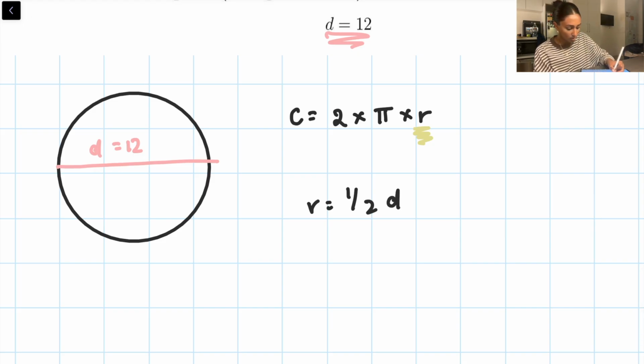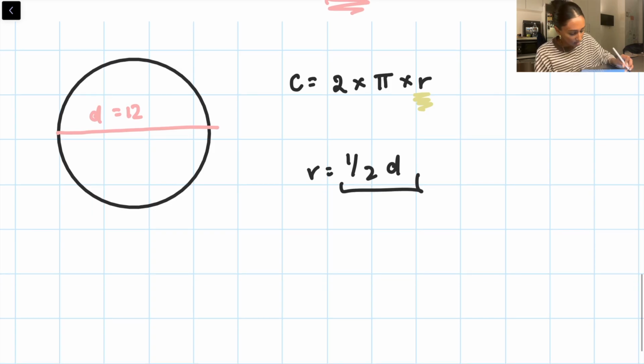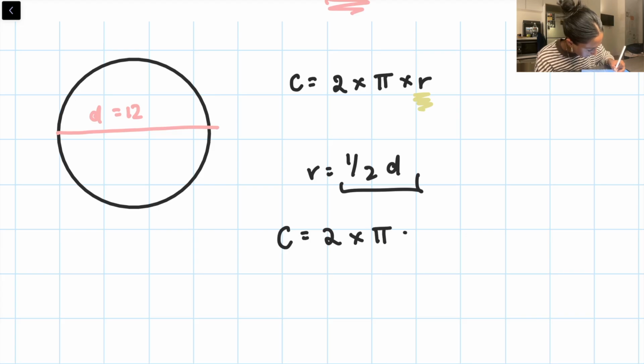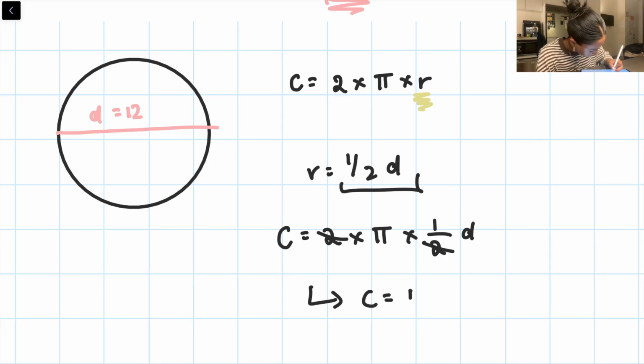Because they're equal, you can sub this in completely. So the formula changes to circumference is equal to 2 times pi times half of the diameter. You can always cancel out these 2's, and then you're left with C is equal to pi times the diameter.